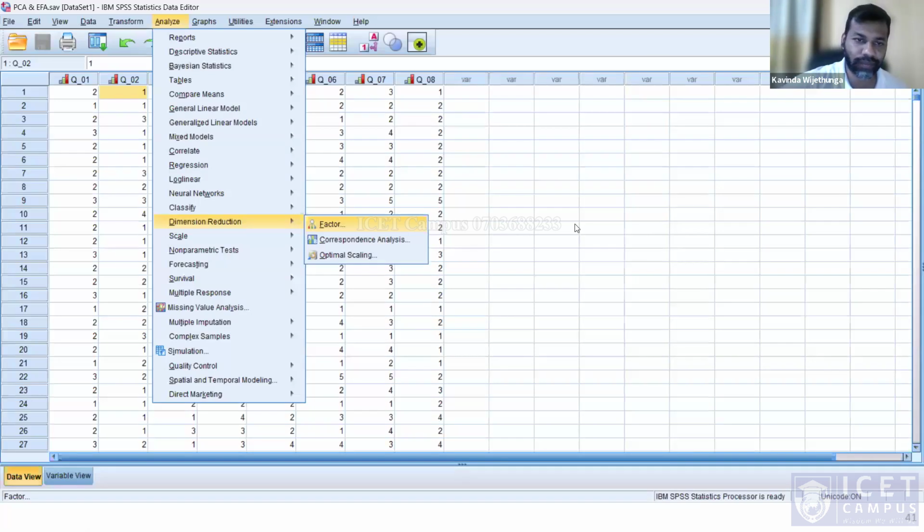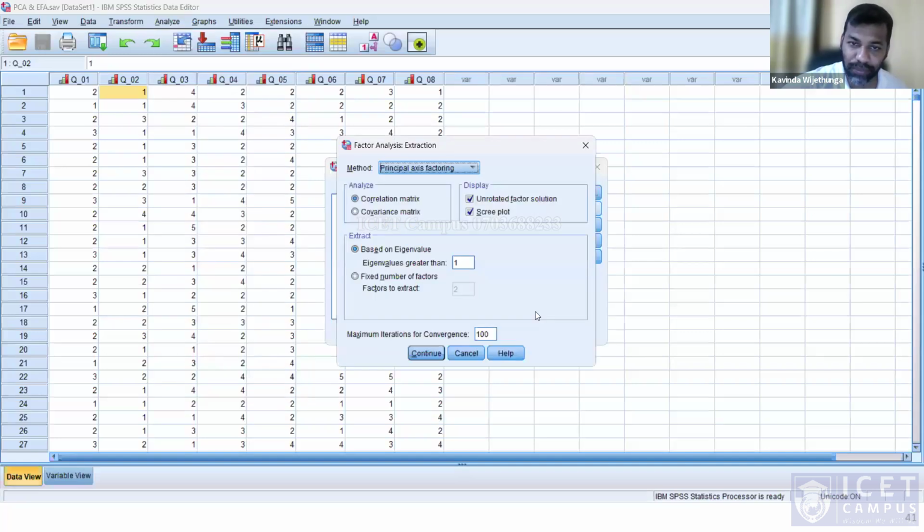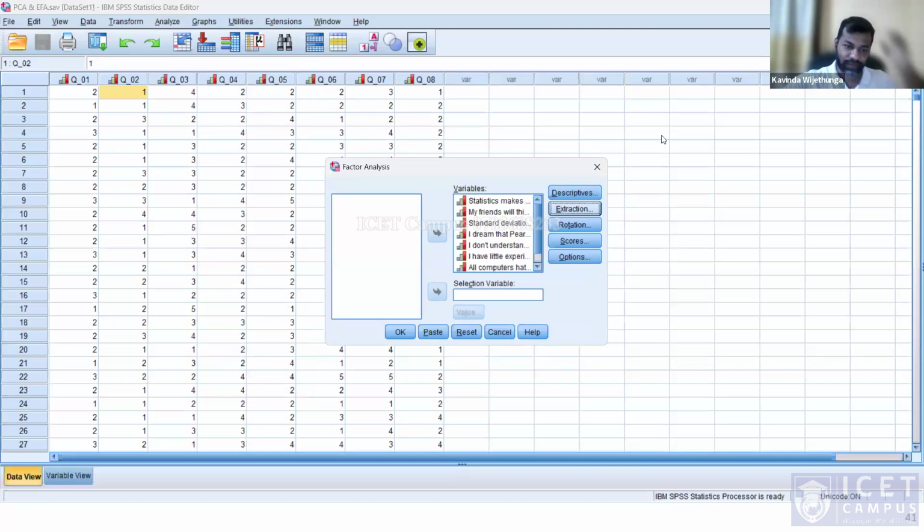Then factor transformation matrix, then factor matrix, factor transformation matrix to rotated factor matrix. Right. So then here you can see the factor, and we can see the output.